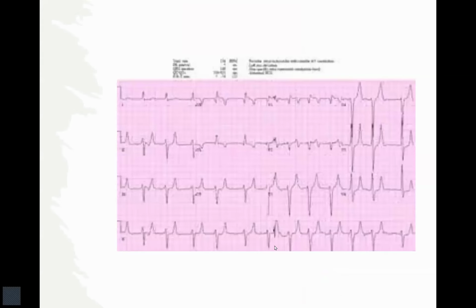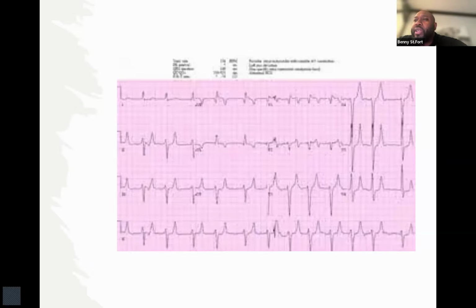If we were going to look at a classic EKG, what do you guys notice about this EKG in terms of the peaked T waves? How about in the distribution of leads? It doesn't seem like they're as high in V1 and V2. Yeah, V1 and V2 don't look particularly remarkable, nor does lead I or lead aVL.